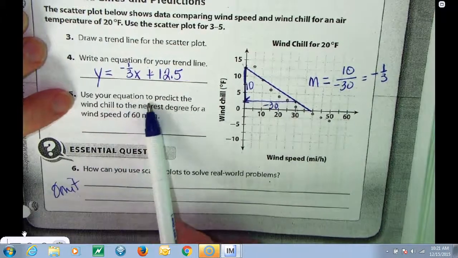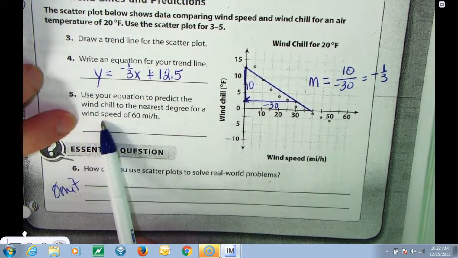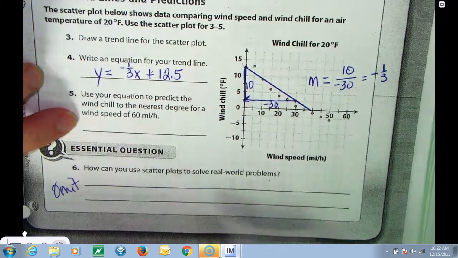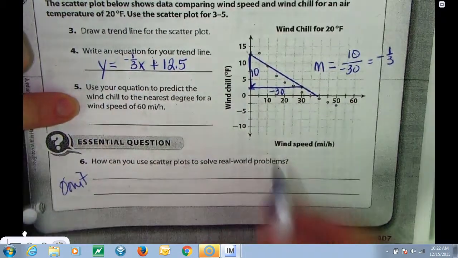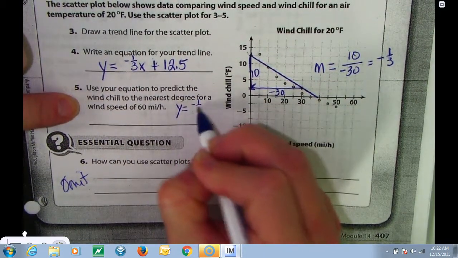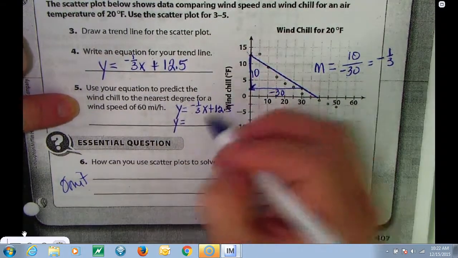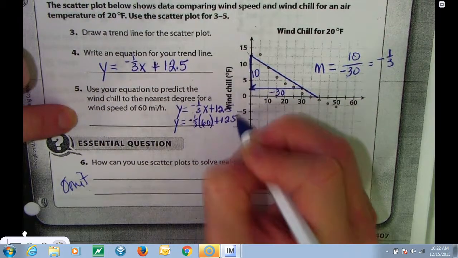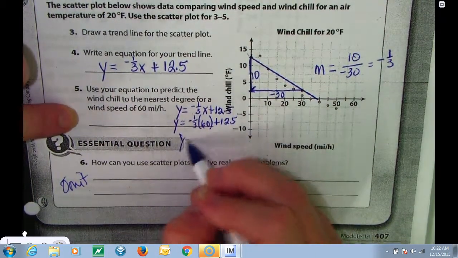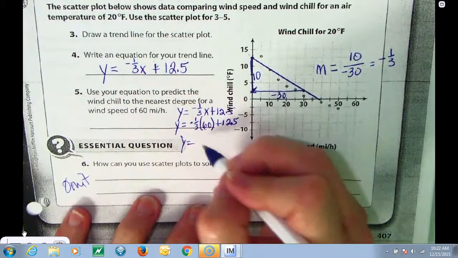Use your equation to predict the wind chill to the nearest degree for a wind speed of 60. So I'm going to write right here: negative 1/3 x plus 12.5. Where am I going to put 60? So that's going to give me what? Negative what?